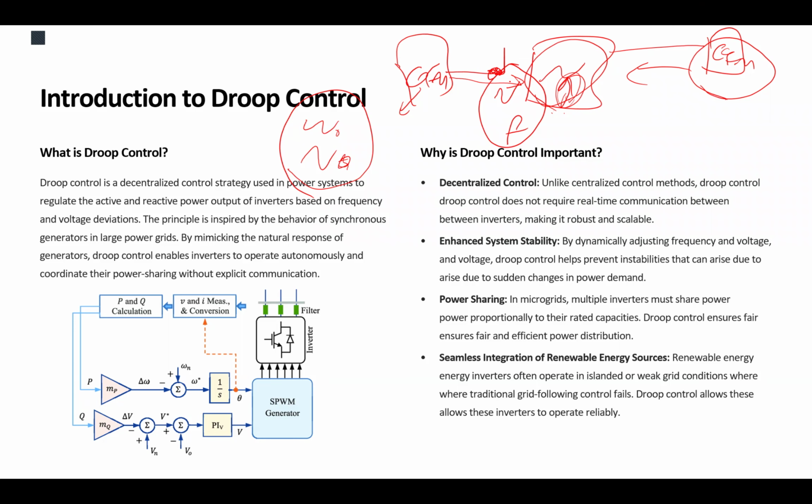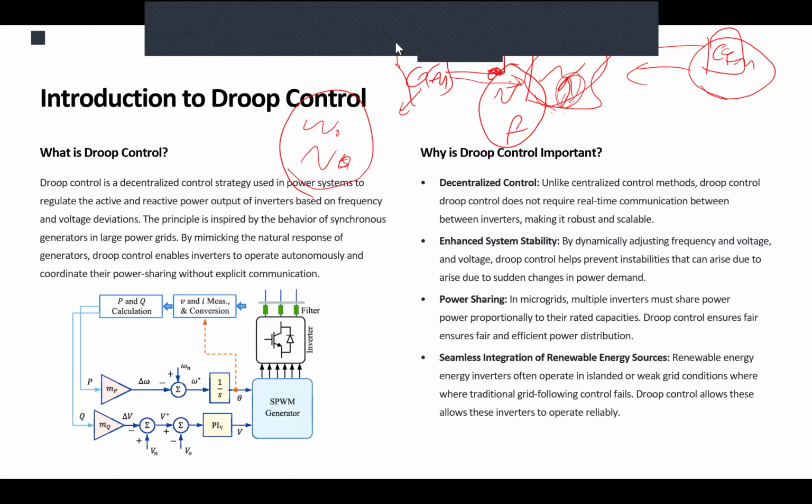Question. Are all of the droop controls centralized? No. All the GFMs are decentralized. That's actually the premise of grid forming. Droop control is used for GFMs or synchronous machines.